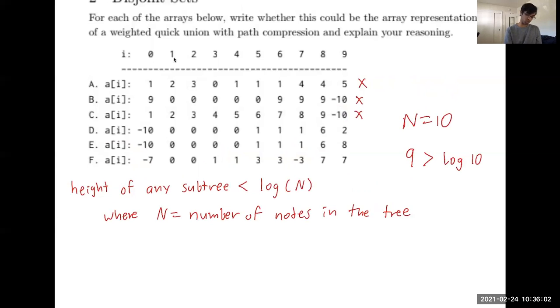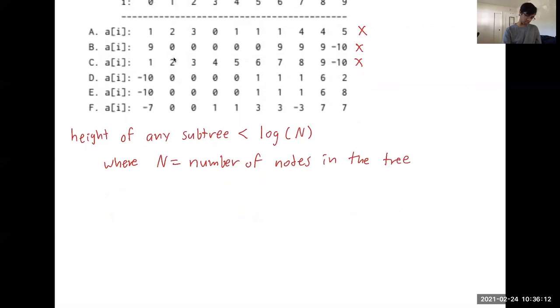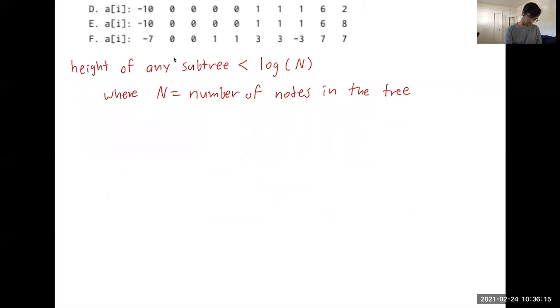A bit of intuition on why this invariant exists: when you think about doing a weighted quick union and connecting parents to each other, you're always doing things logarithmically. If you have two sets, like 1, 2, and 3, and 4, 5, and 6, the way we do weighted quick union prevents us from stringifying things.